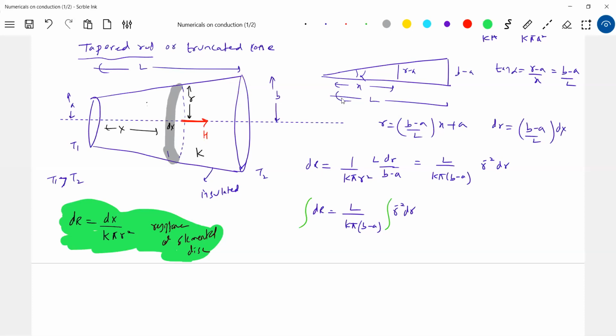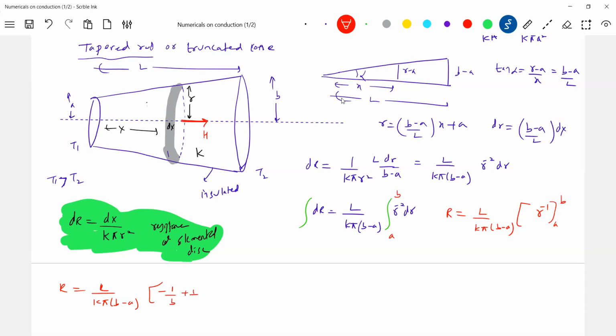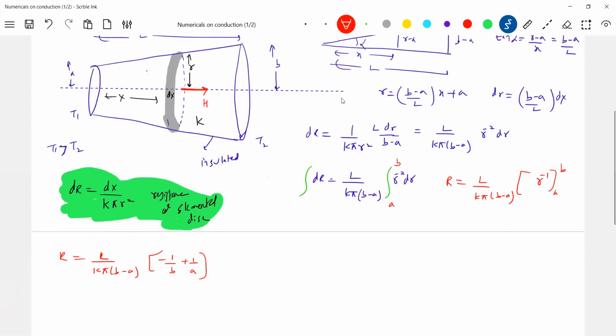B. Therefore the limits will be A to B. So R is equal to L by K pi B minus A, r to the power of minus 1, since minus 2 plus 1 is minus 1, from A to B, giving minus 1 by B plus 1 by A. So how much will it end up?